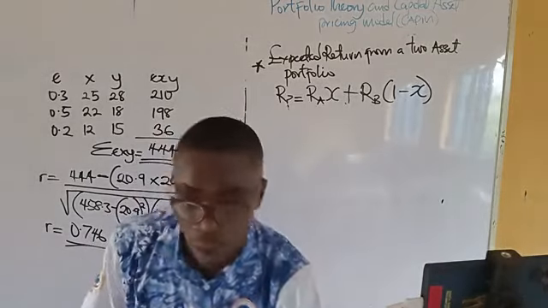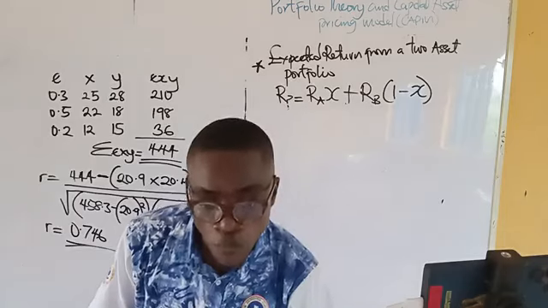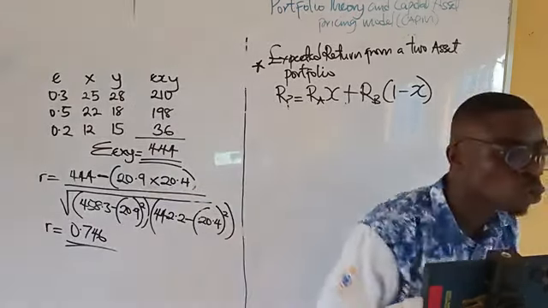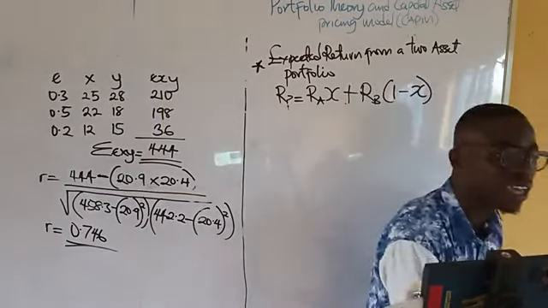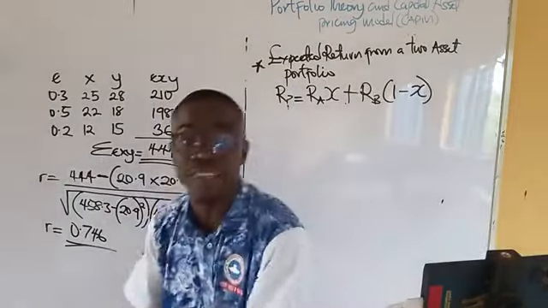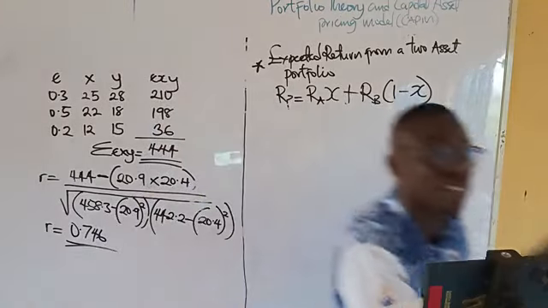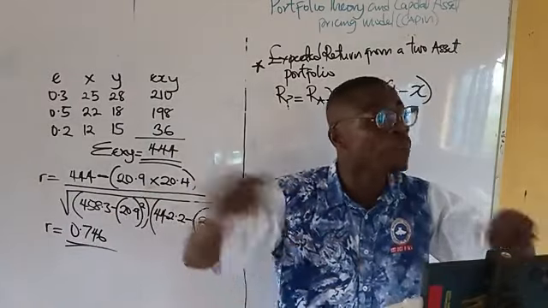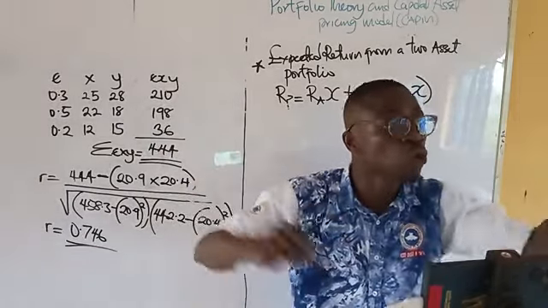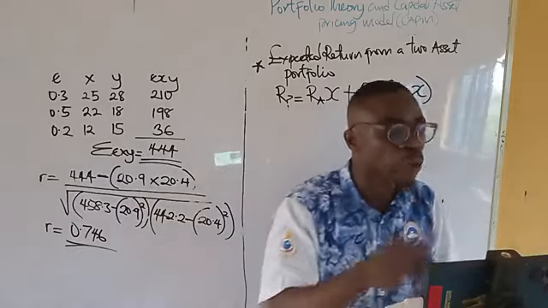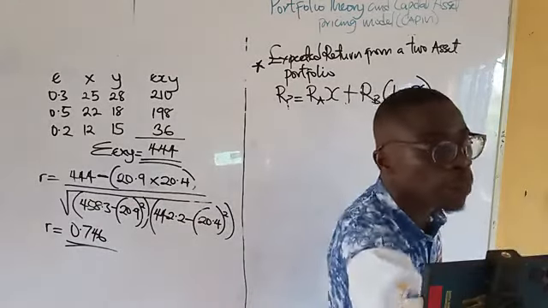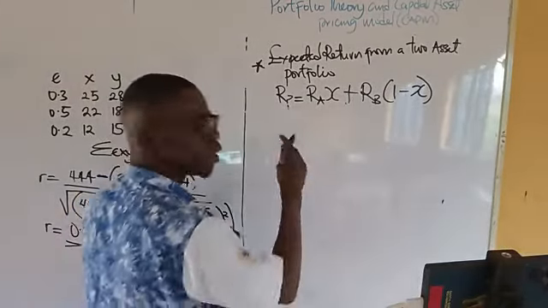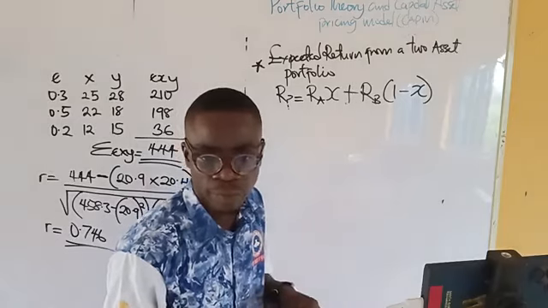They now say, how will you invest that 1 million? That means we don't know whether to put 75% in A, 25% in B, or 30%. So you are looking at how to apportion that 1 million to those two investments that will give you 28%. Are we together? That's where the problem now lies.